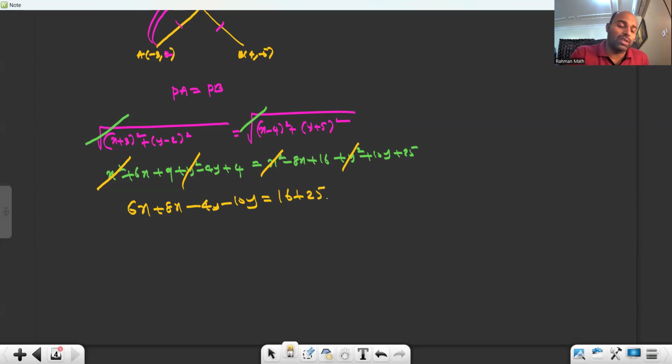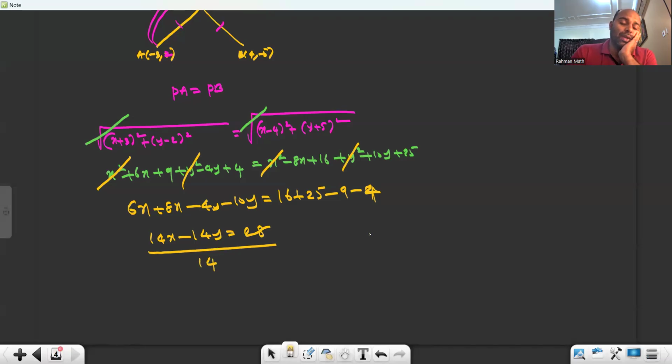What do you want to prove? That you have to check. Minus 9 minus 4 plus 9, when we are transposing it becomes minus. Now 14x minus 14y equal to 28 will be there. You can check it for 28. You can divide throughout by 14.